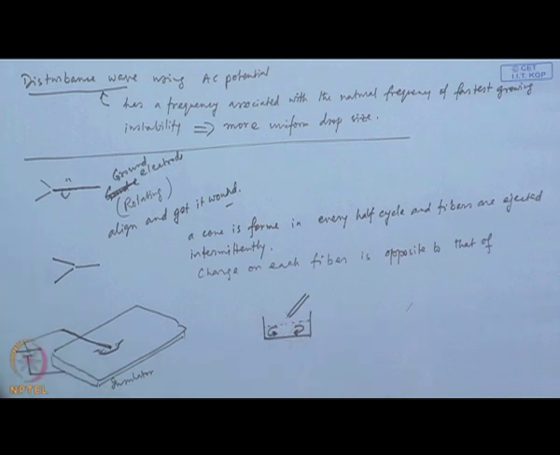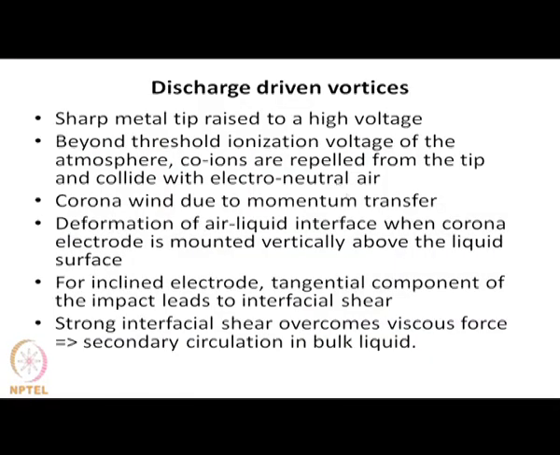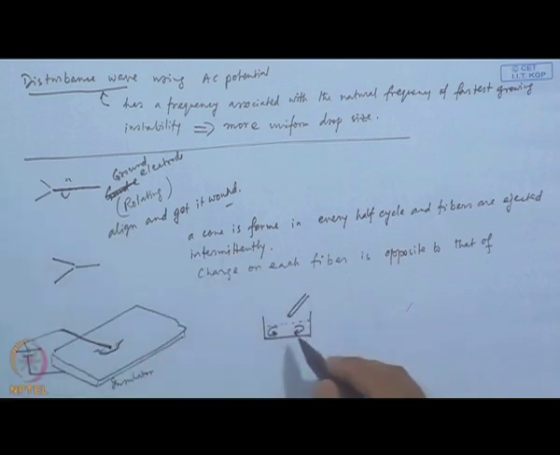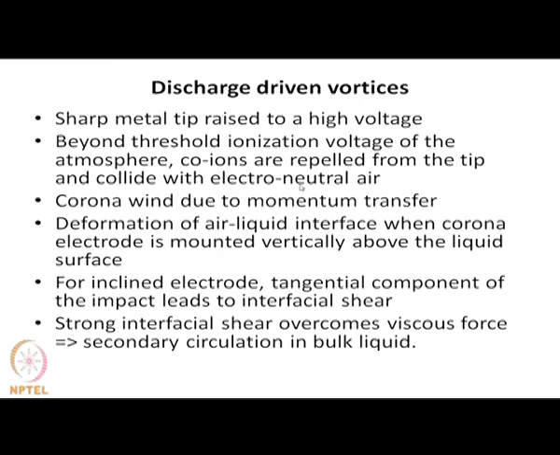The reason is something like this: a sharp metal tip is raised to a high voltage. Beyond the threshold ionization voltage of the atmosphere, co-ions are repelled from the tip and collide with electroneutral air. The tip is in the atmosphere, not touching the liquid.